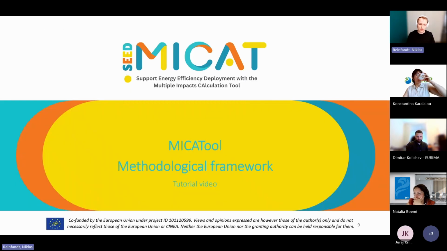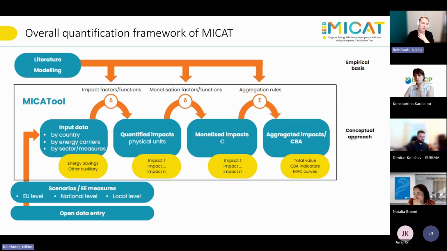All right, the next step is the methodological framework of the tool. Here you see the methodological framework for the energy efficiency part of the tool. However, we extended this framework, but this will be shown on the next slides. Basically, the whole idea is to have exactly these steps as laid out in the guidance note. So we have, of course, input data, which can be provided by country, by energy carrier, and by sector or measure, and on the different governance levels, so EU level, national or local.